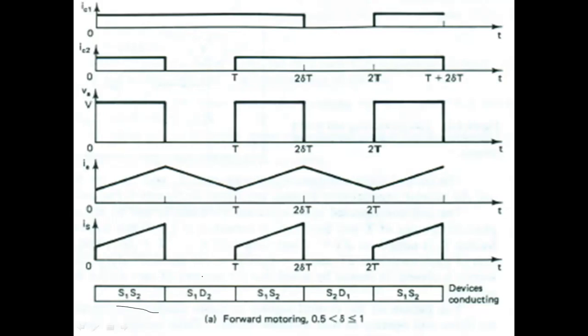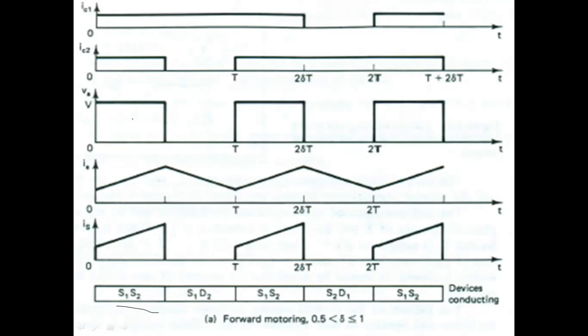So therefore, what happens? The instantaneous value of the output voltage of the chopper will be either positive or 0. So if it is giving a positive average output, the machine will be operating in the first quadrant.